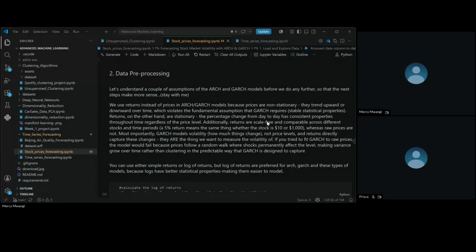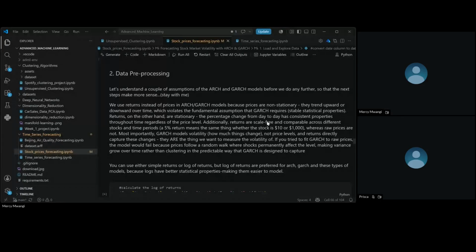So for example, remember volatility is how volatile the prices are. So volatility will be the difference between yesterday's price and today's price. That's volatility. That difference is what we are trying to model. That's what we are defining as volatility.